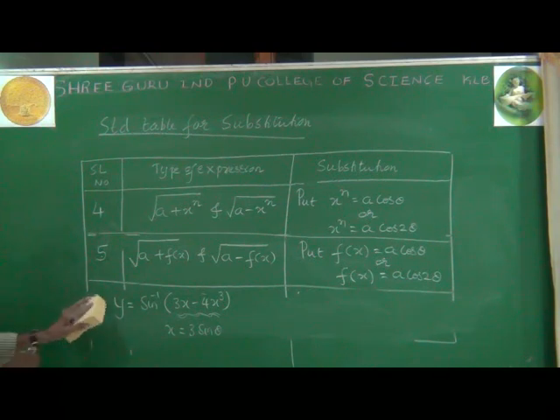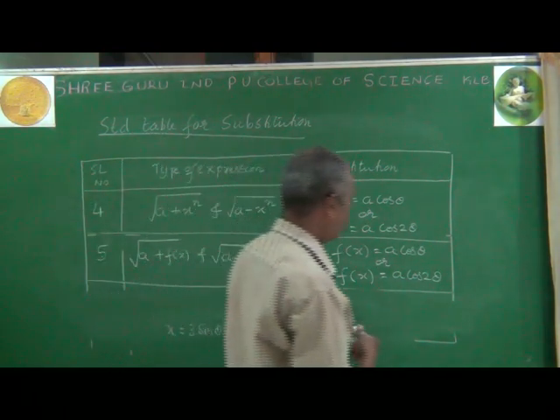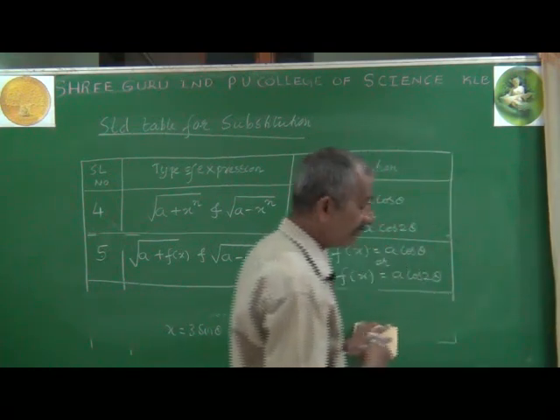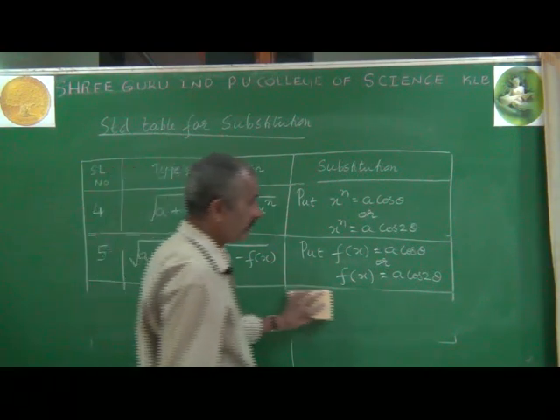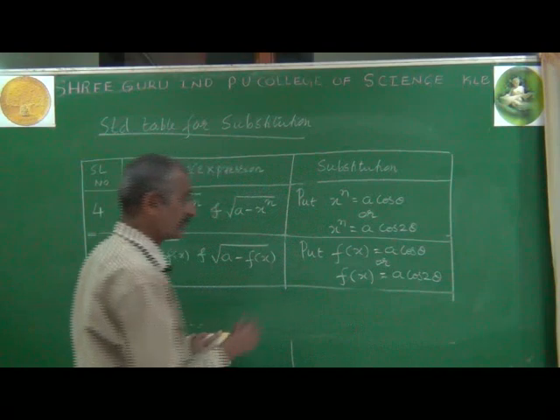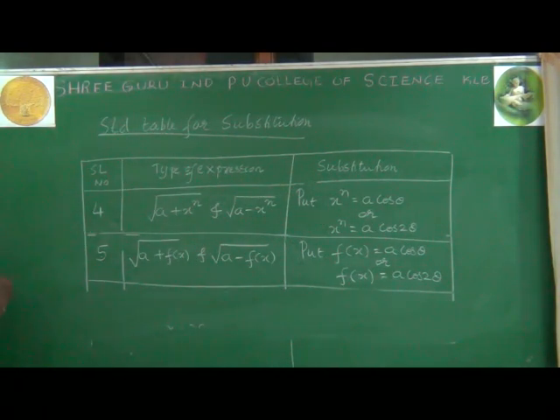Now let's start problems on the method of substitution to find the differentiation of a given inverse trigonometrical function expression. You can write, if you want, one sentence: sometimes other substitutions can also be taken, apart from this table, depending on the given problem expression.